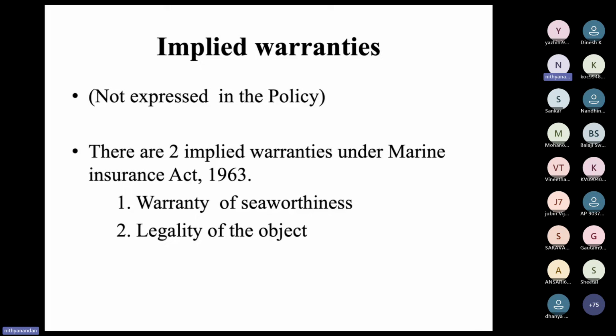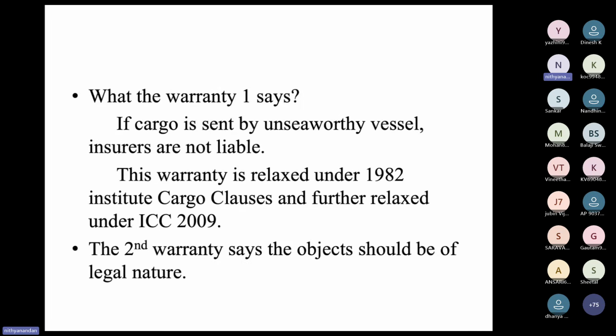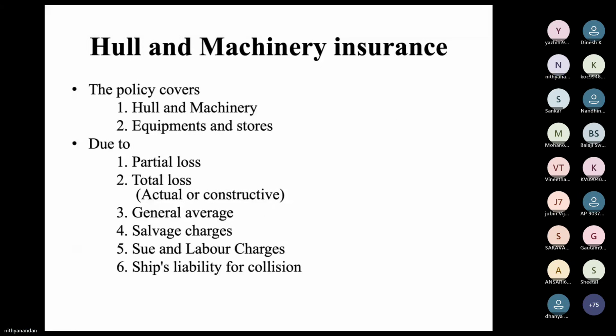Seaworthiness and legality, just like the two implied warranties, apply in hull also. Hull and machinery means, as I told you, the body of the ship and the machinery used to run the ship are insured together, along with equipment and stores. Stores means the spares.